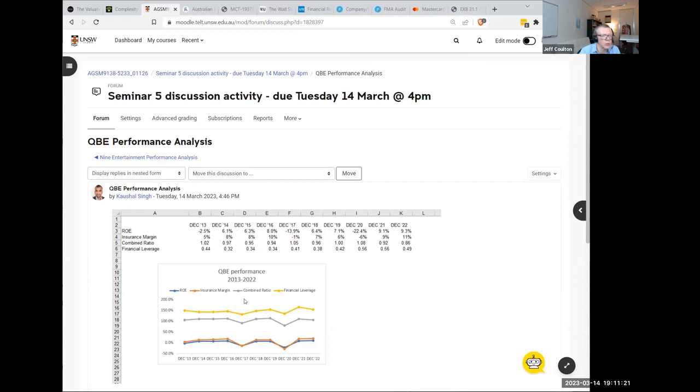Okay. QBE, slightly different, because asset turnover is not really going to be the key measure. And again, here we're driven by what's important for the business. So insurance margin, combined ratios and leverage are more important than asset turnover, because, like we were discussing with the banks earlier, I'm taking insurance premiums from my customers.